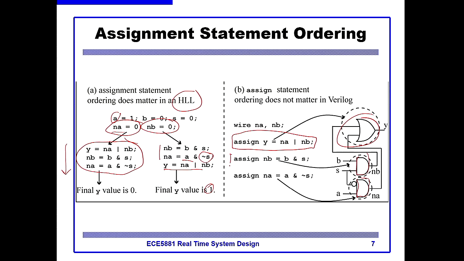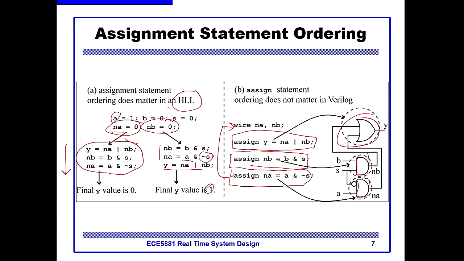So we can write these assign statements, as you see here, directly representing that logic, and you can do that in any order. So if I put this statement at the top, it won't make the slightest bit of difference in terms of the resultant hardware description that you actually generate. Because these operate in parallel, so there's no problem.